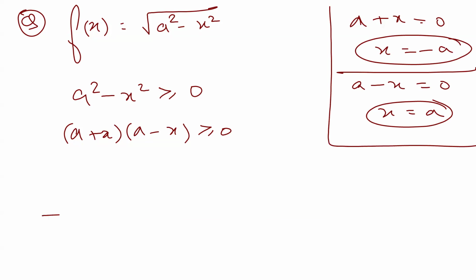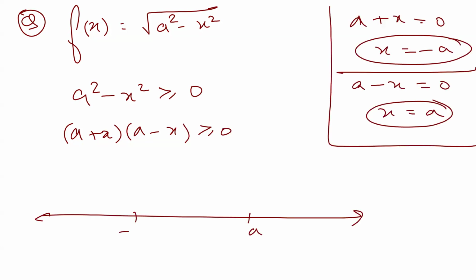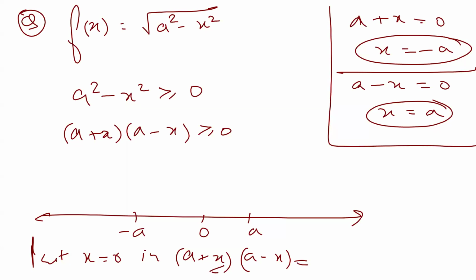Now see, this is minus a over here, a over here. We don't know the value of a, but then 0 will definitely lie between a and minus a. So we'll take point 0 to test over here. Put x is equal to 0 in a plus x into a minus x. Put the value of x as 0, so this will be a into a, that is a square.